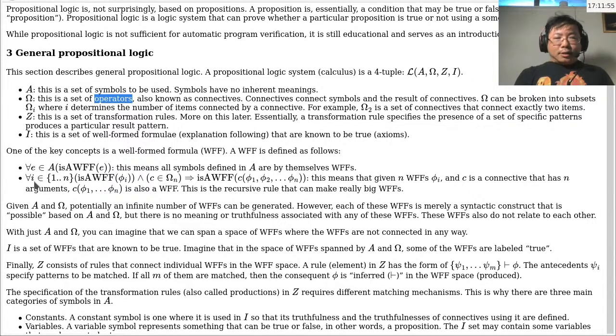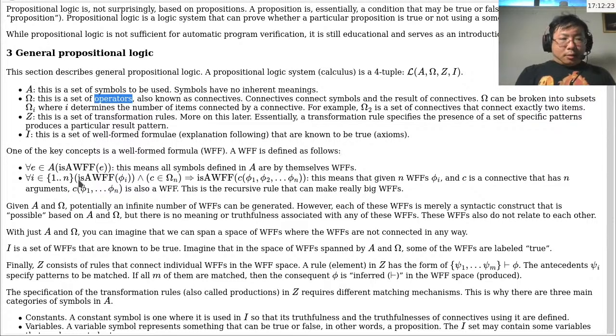The next thing is for every i in 1 dot dot n, which is my shorthand for all the integers starting with 1 all the way up to n, where n is the largest number of operands for operators. In the case of Boolean operators, we only have 1 to 2. So this set only has 1 and 2 in it.